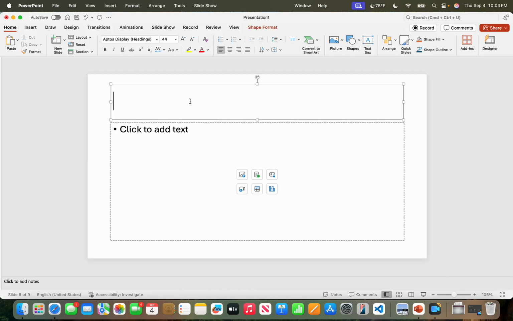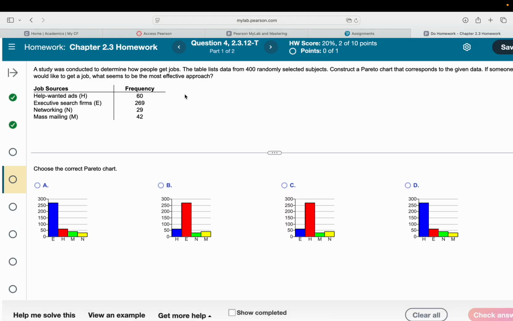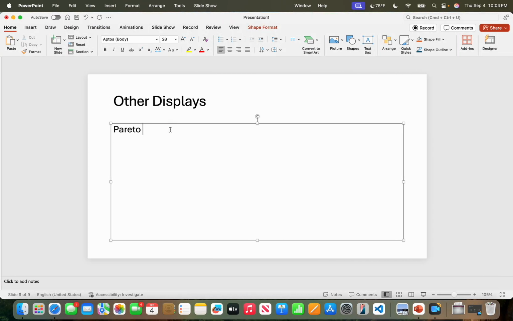All right. We'll just say other displays, and we'll just make a note here. Pareto, I think that's how you spell it. Pareto, yep. Charts take categorical data and order them from most frequent, or in other words, highest bar, to least frequent, which would of course be the lowest bar.